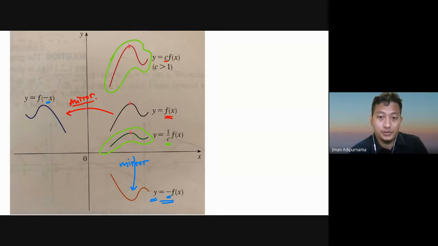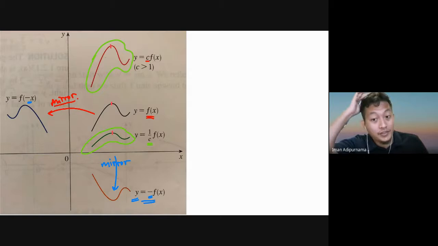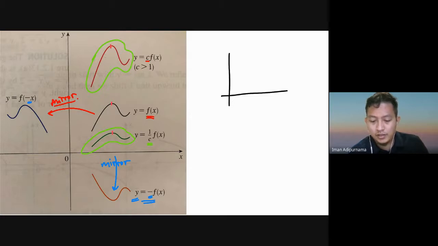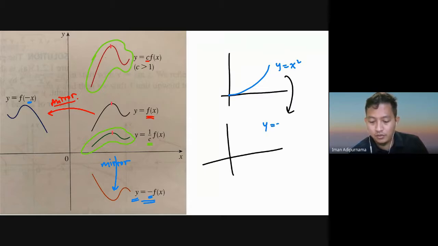If you try to draw, and you want to check whether you understood or whether this is true or not, you can make some function by yourself, maybe just x squared, and try by yourself how it looks. Multiply with 2x squared, how it looks, or multiply with half x squared.